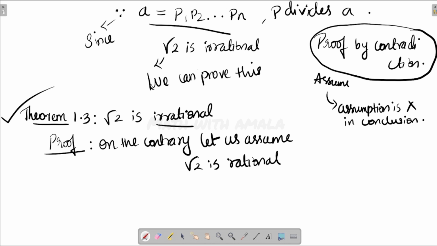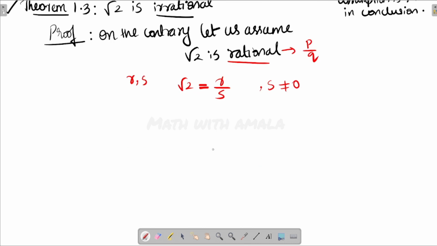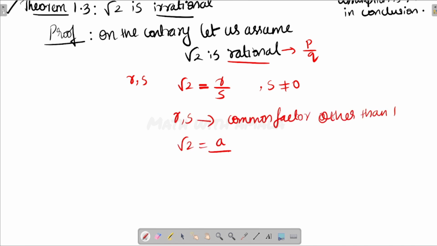If a number is rational, it can be represented in the form a by b or p by q, where p and q are integers and q is not equal to 0. So let's take root 2 as rational, and express it as r by s, where s is not equal to 0. Here r and s do not have any common factors other than 1, because they are co-prime.